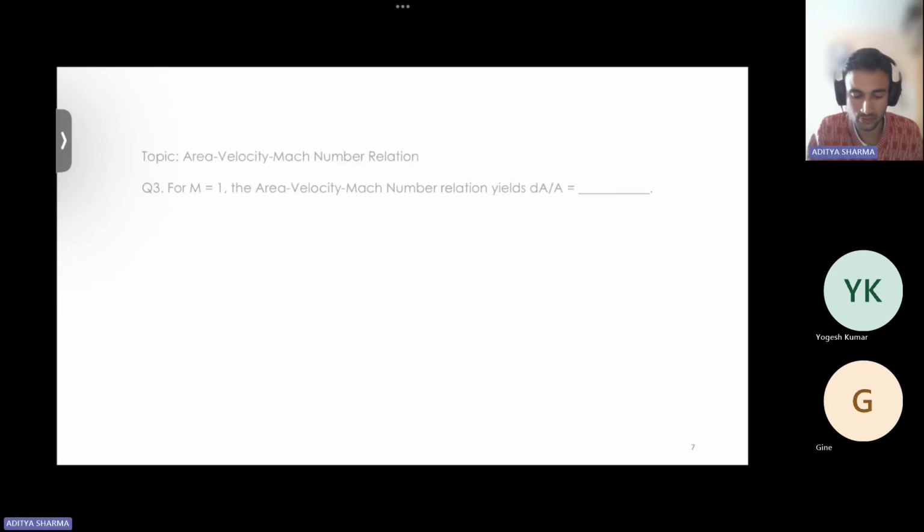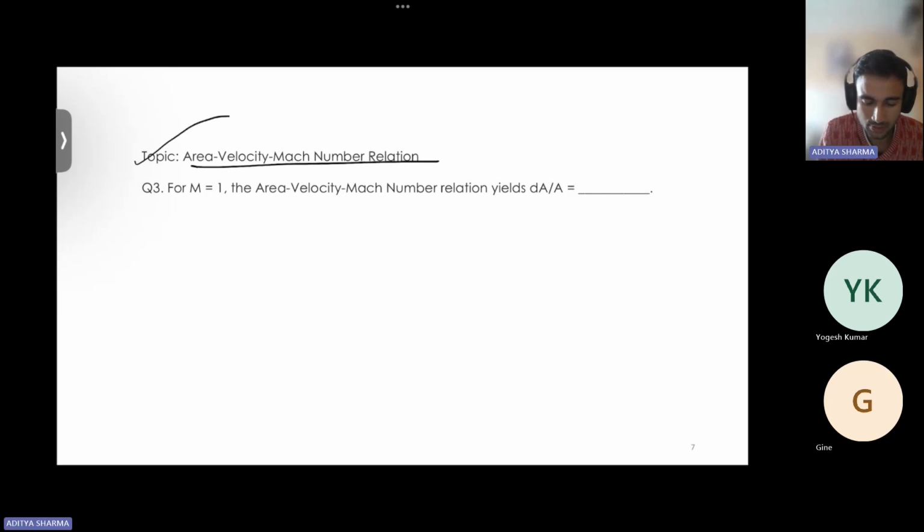So let's see our next question. This is also based on this area velocity Mach number relation. These are our options.